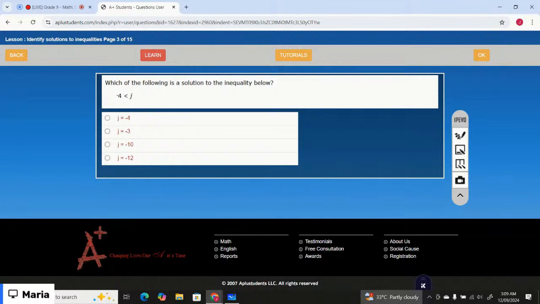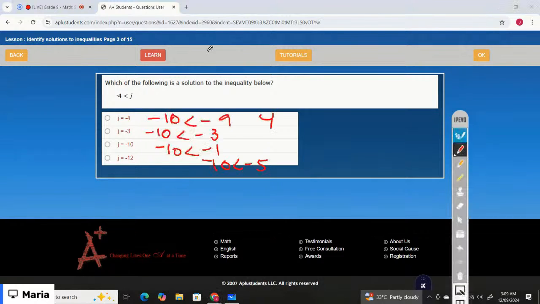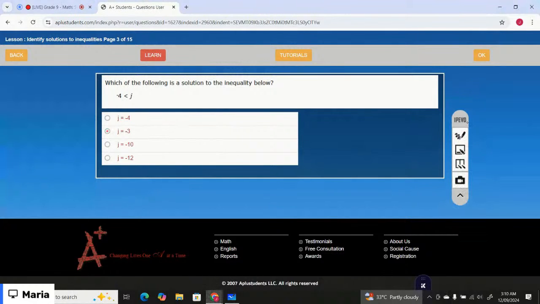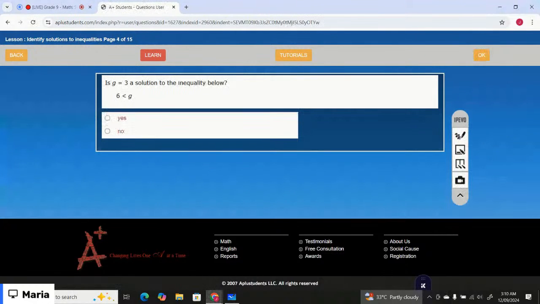So which is the correct option? Option 1, no. Negative 4 is not less than negative 4. Negative 4 is less than negative 3. I think that is the correct option. Option number 2 is the correct option, that is j equals negative 3.